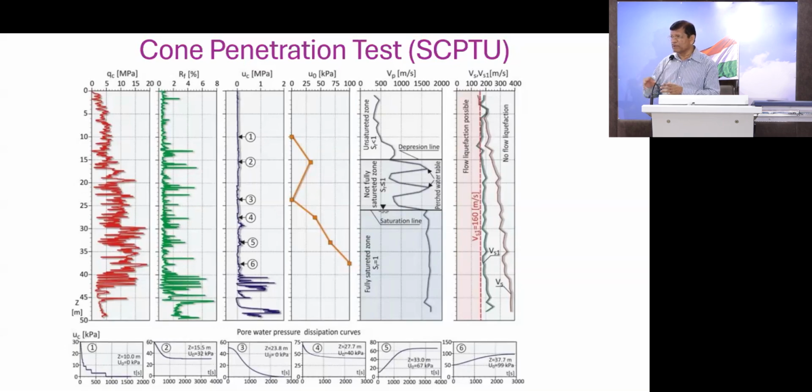But from the P wave we can approximately calculate the S wave, because it's kind of half of the P wave value. Again, the actual number can be different, but it helps us in comparing whether it is high or low. So again here, with the SCPTU, you can also get the water pressure data at different depths.